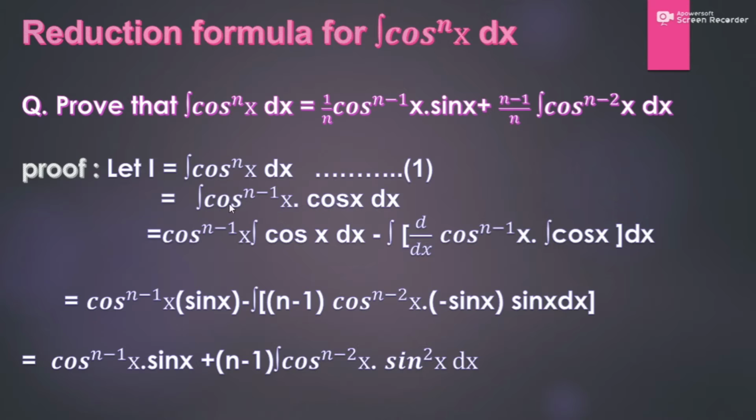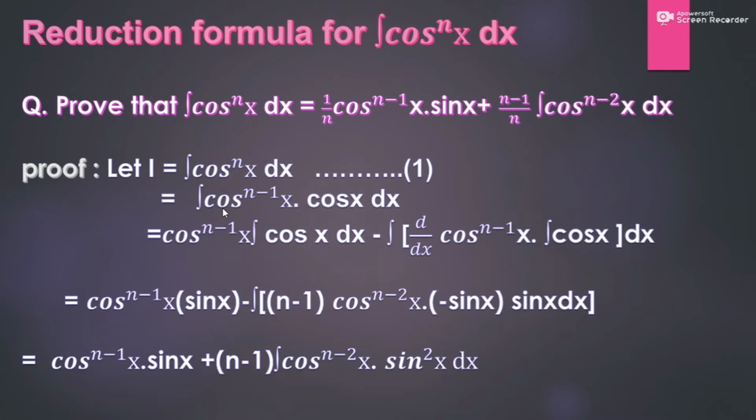By integration by parts we take this function as u and this function as v, that is the integral of u v. Then the integral of u v is equal to the first function as it is into the integral of the second function, minus the integral of the derivative of the first function into the integral of the second function. This is the first function and this is the second function.